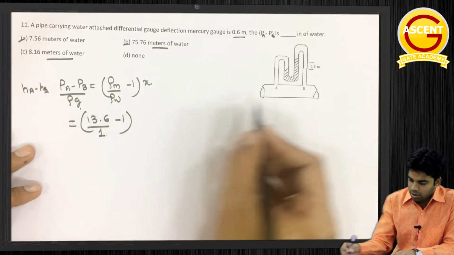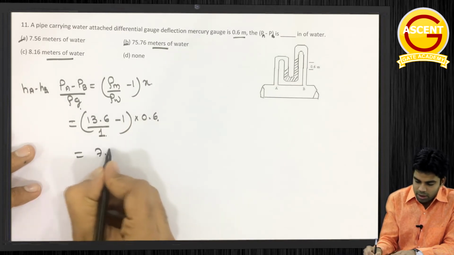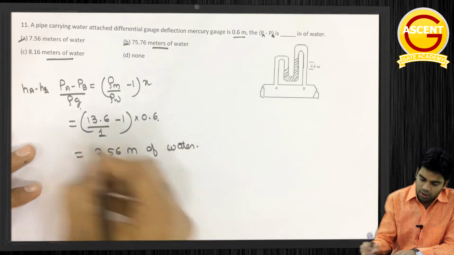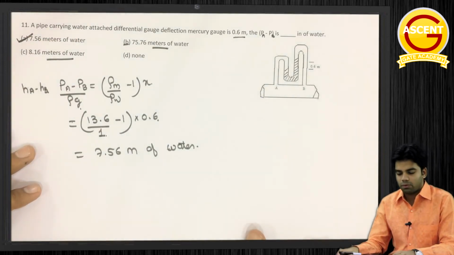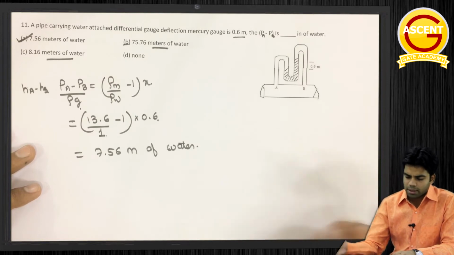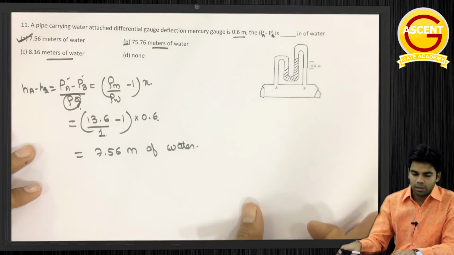X is the difference in height, which is 0.6. From here this will be 7.56 meter of water. So the answer should be A, 7.56 meter of water. In terms of kilopascal or pascal, we would have to multiply this by rho g to get Pa minus Pb. Getting this now?